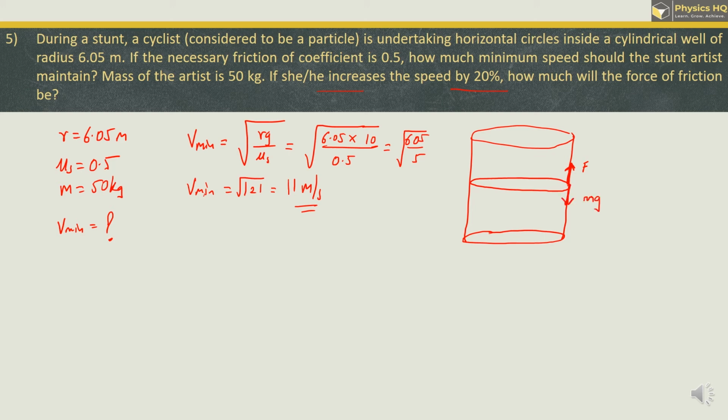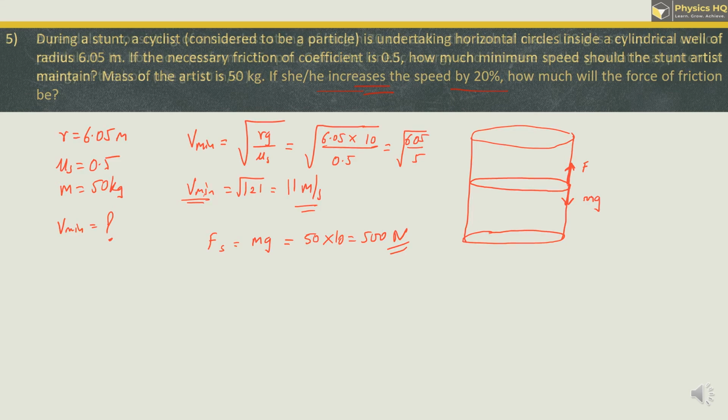This is balanced when it is going in a horizontal circle, so therefore this frictional force is always equal to mg until and unless it comes down below this minimum speed. So this will always be equal to m is 50 and g is 10, which is 500 Newton. So it doesn't matter if he or she increases the speed. Only if the speed goes below V minimum, there is a problem. Okay, so let us go ahead with the next one.